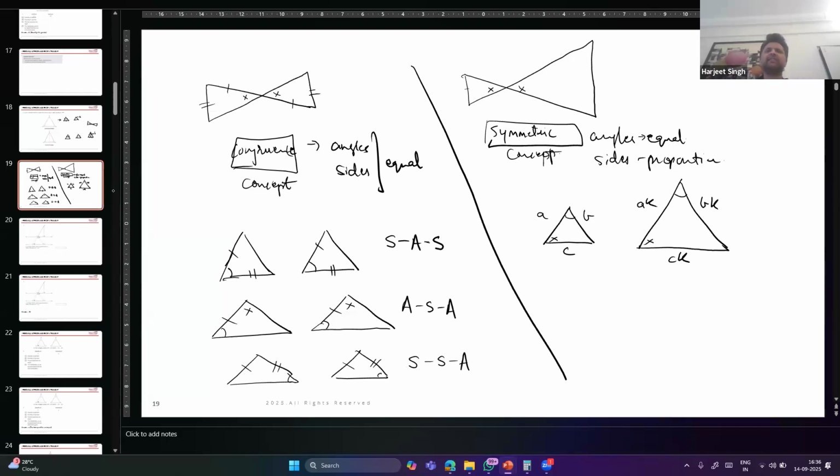In the third, it's SSA. So congruence means angles and sides are equal. Symmetric means angles are equal, but sides will be in proportion.